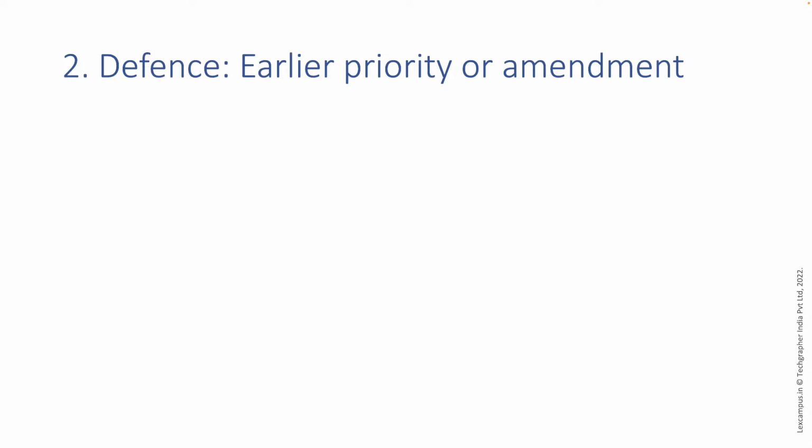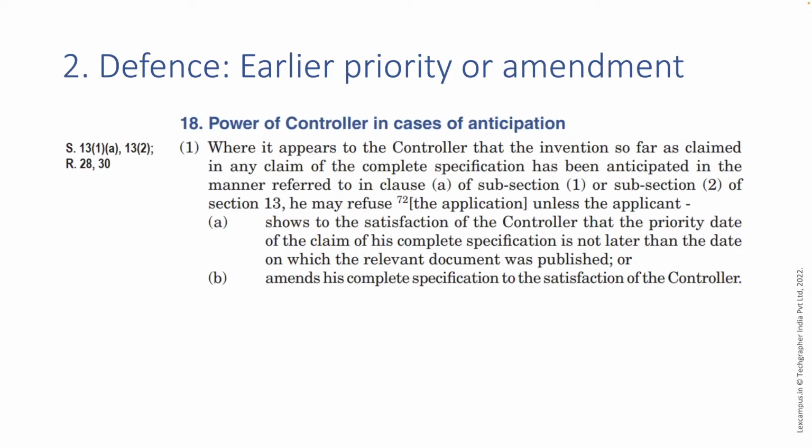So sometimes, as a best practice, patent agents use both. They not only argue and try to satisfy the controller, they also have an amendment in place just in case the controller is not satisfied. They can amend and get a patent granted. Now, again, 18.1, these are the two things that you can do in response to an objection raised by the controller that there is a section 13 objection on anticipation.